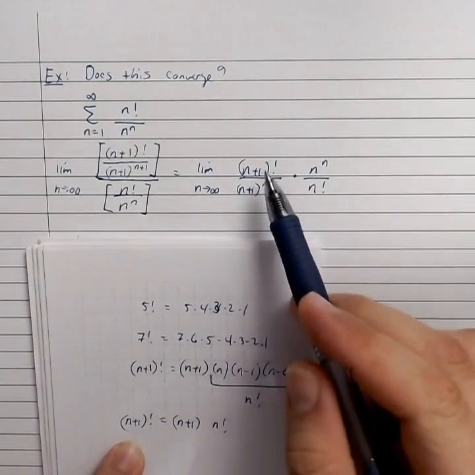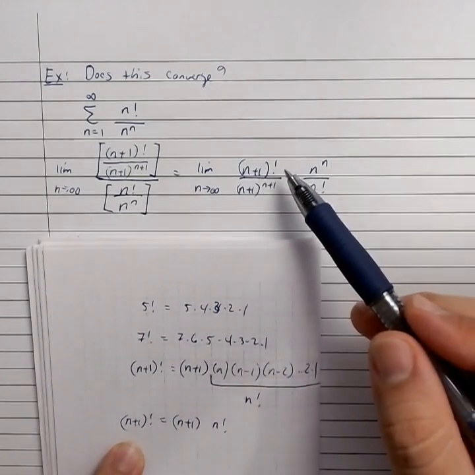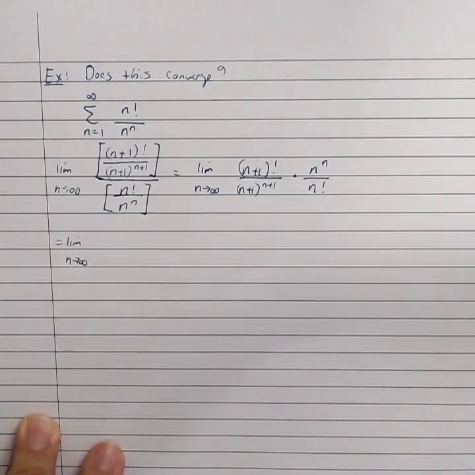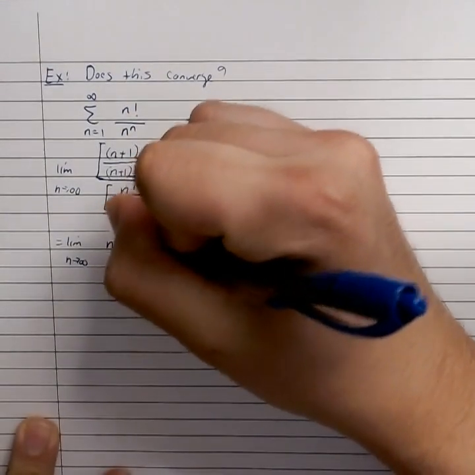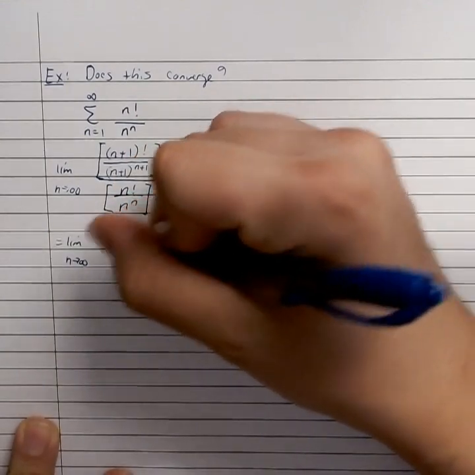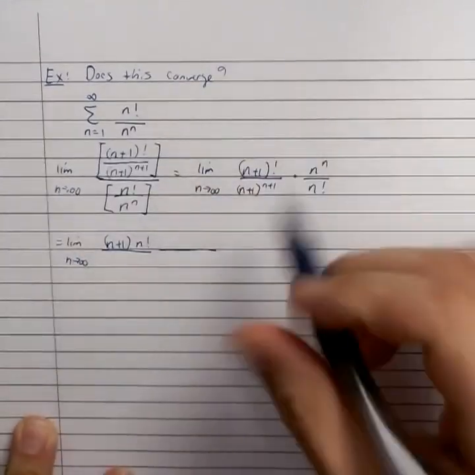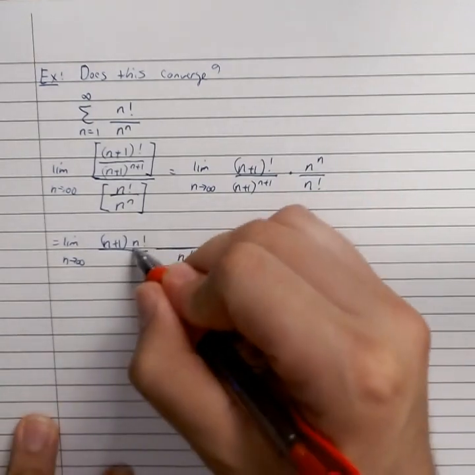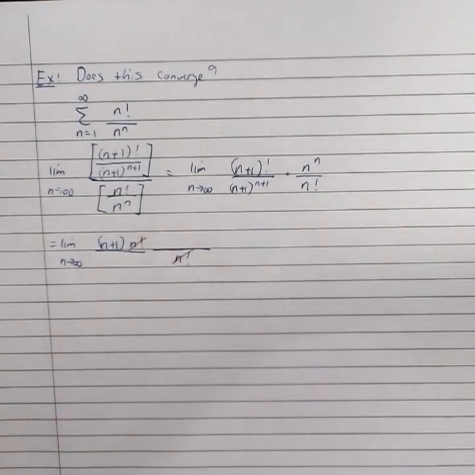Oh, but that's what I have here, n plus 1 factorial, which I can write as n plus 1 times n factorial. And over here, I have an n factorial, and hey, look, those just divide away like that.